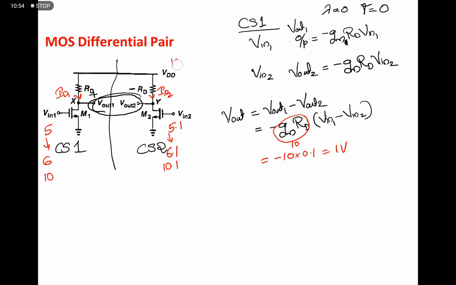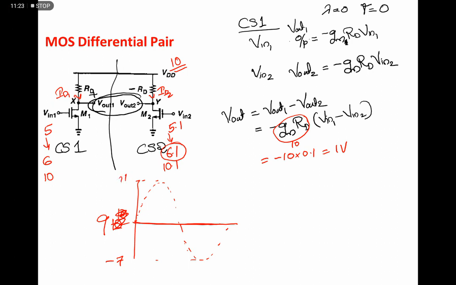If we are giving 10 volt VDD, and assume the DC reference is 9 volt and we are expecting an output swing of 2 volt, that means it will vary from -7 to 11.